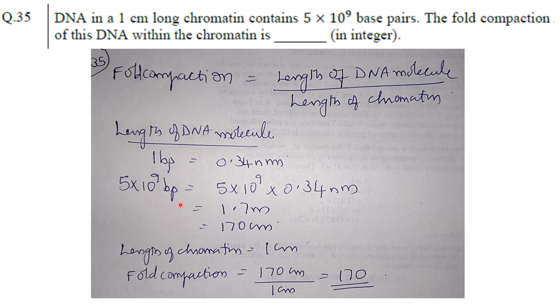So 5 into 10 raised to 9 base pairs into 0.34 nanometers will give you 170 centimeters. Now they have given the length of chromatin as 1 centimeter. So 170 divided by 1 centimeter will give you 170. That will be the fold compaction.